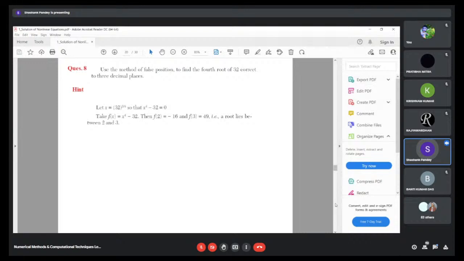Use the method of false position to find the fourth root of 32 correct to 3 decimal places.